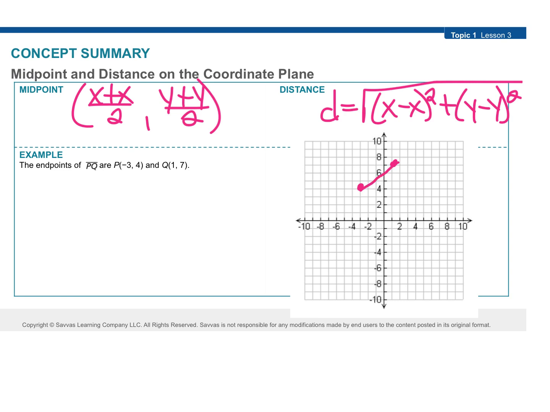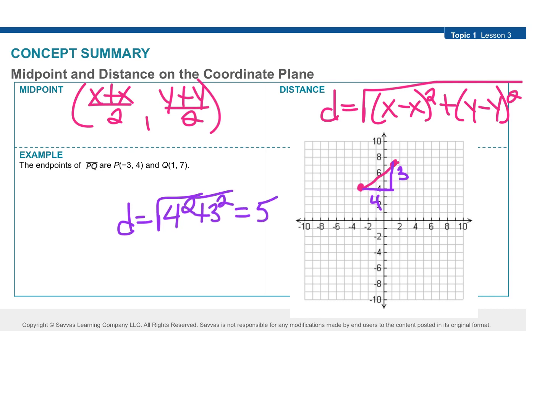Now, if I'm doing this, and I have a coordinate plane handy, I'm just going to count. So the distance between the x's is 4. The distance between the y's is 3. So if I do this, I'm going to end up with 5.